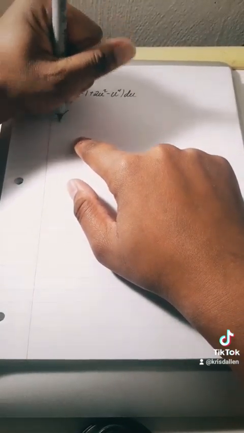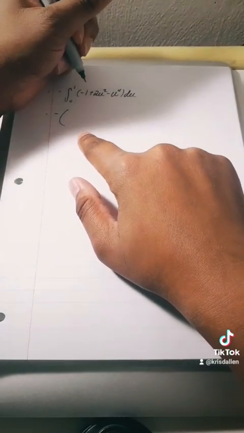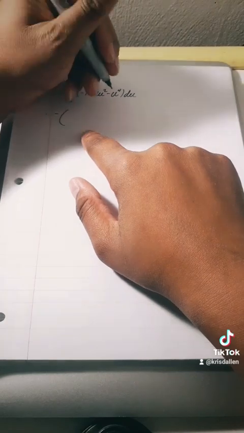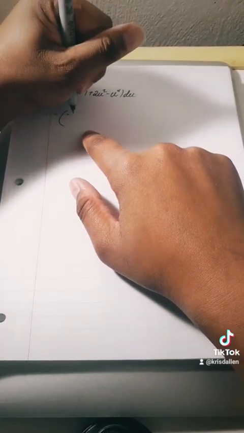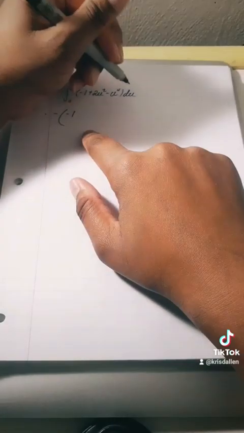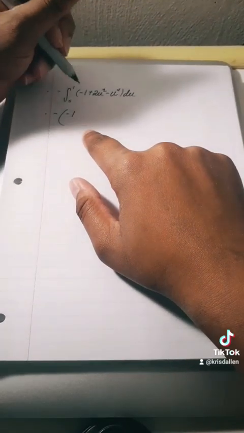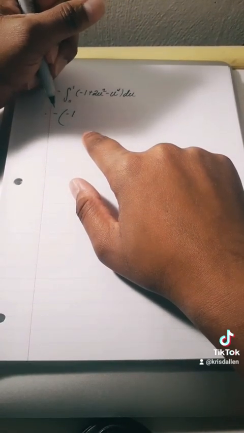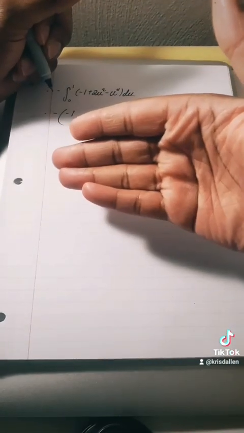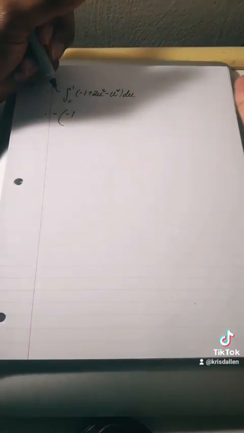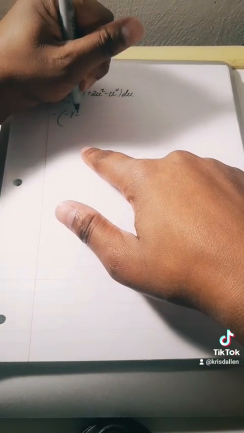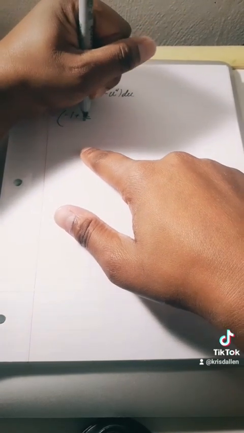So if we integrate from 0 to 1, we'll see what we get. The integral from 0 to 1 of negative 1 du is just going to be minus 1. Then for the integral from 0 to 1 of 2u squared, the 2 would be on the outside as a constant, so that'd be u to the third over 3 from 0 to 1, which ends up being 2/3, so plus 2/3.